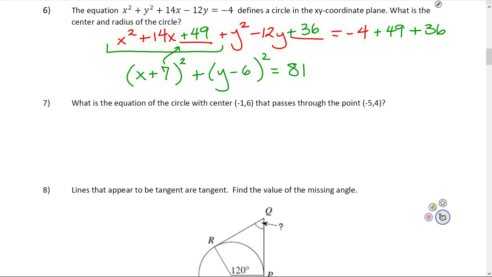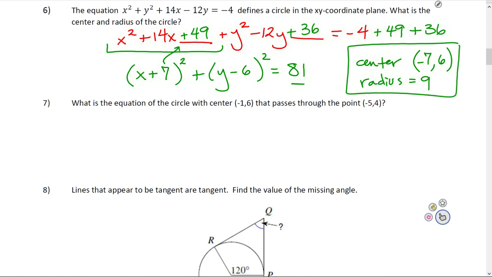Okay, and the center is, you switch the signs, negative 7 comma positive 6. You switch the signs for the center, and then the radius is the square root of this number 81, and the square root of 81 is 9. That's the center and the radius of this circle.